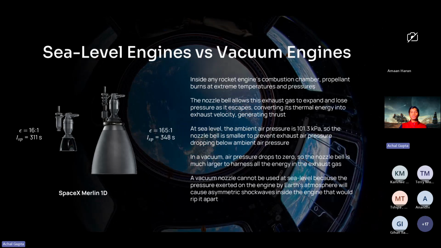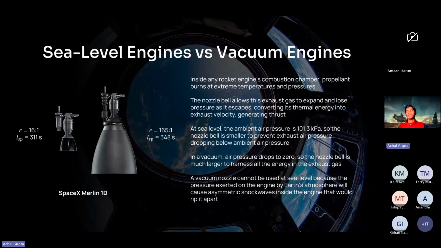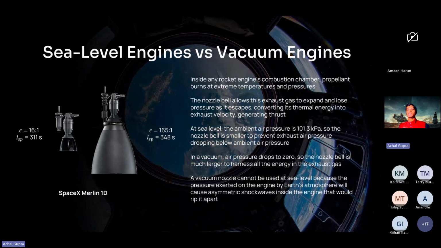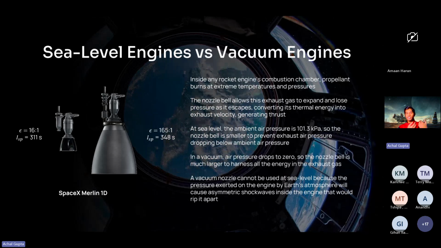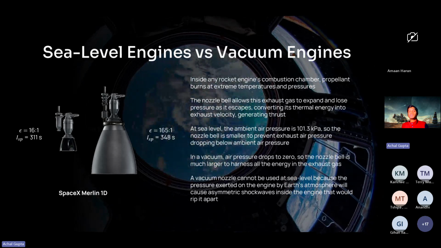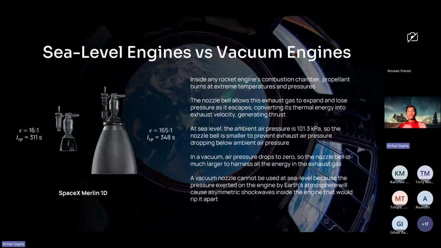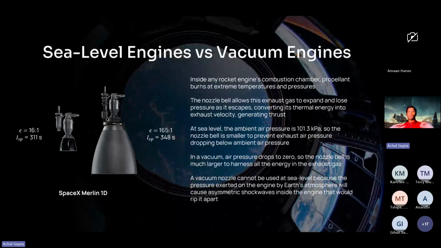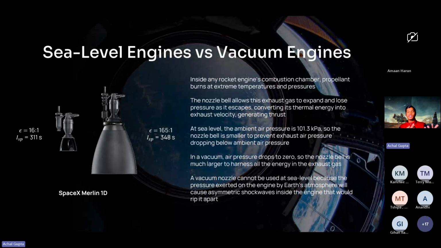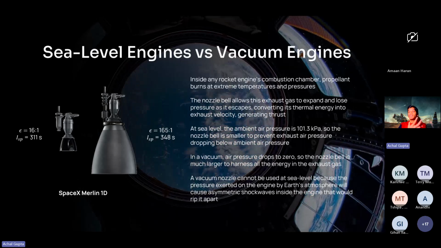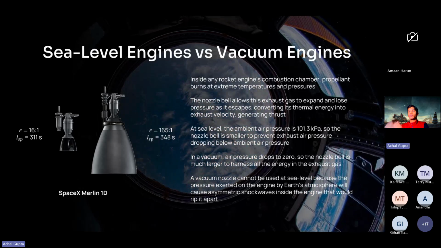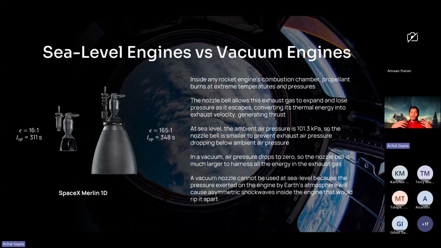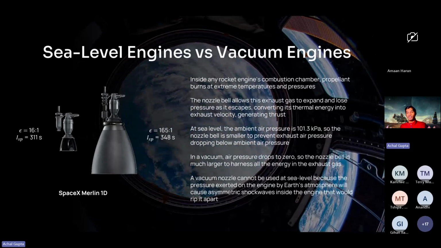At sea level, you have to let it expand only up till atmospheric pressure, because if you let it expand beyond that, atmospheric pressure will rush in and damage the engine. But if you're in space, you can squeeze out a lot more energy from that exhaust gas by letting it expand far more, and that effectively increases the ISP of the engine, because for the same fuel, you are getting a lot more punch. And obviously the engine's expansion ratio increases.